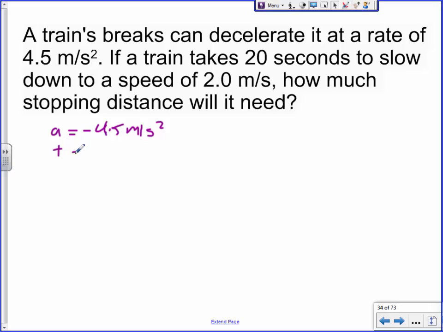I also have a time. My time is 20 seconds. I have a speed of 2.0 meters per second. Is that my initial or final speed? It kind of implies that we need to slow down to a speed of 2 meters per second, so it looks like it's a final velocity. And we're looking for a distance.